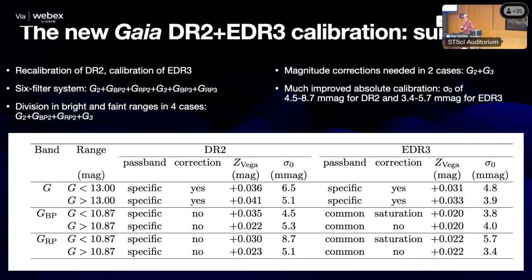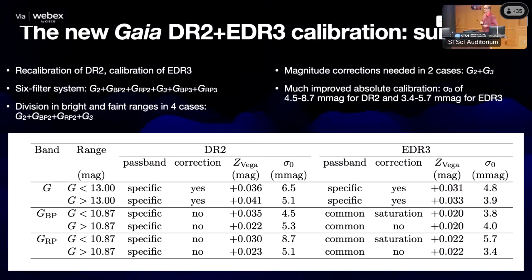This was not known before, at least for G2, not so much for G3. So when you get data from the catalog and you want to compare to spectrophotometry, you have to apply these corrections. When you do all of that, you get the comparisons and dispersions between spectrophotometry and photometry, and they have gone down significantly.